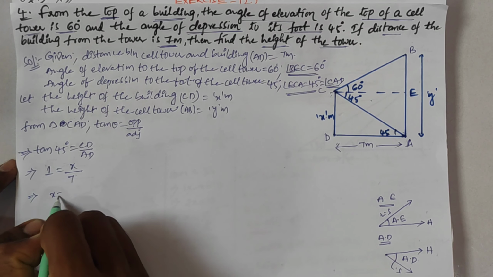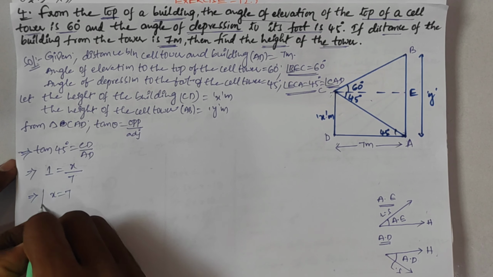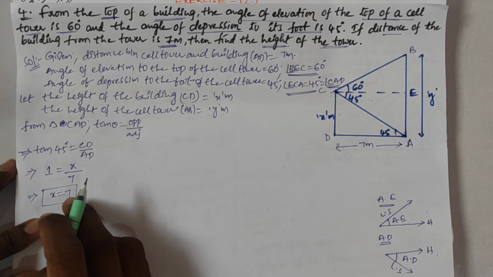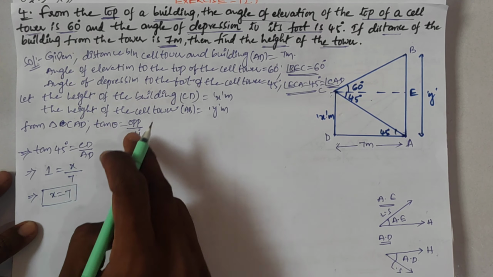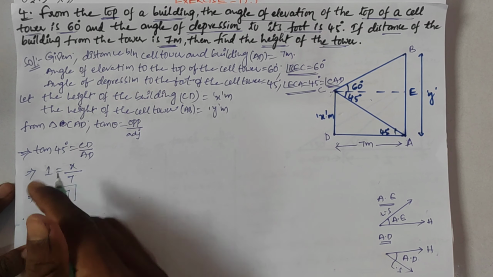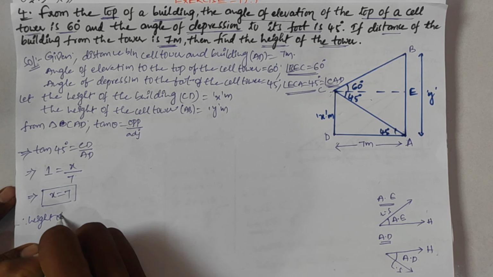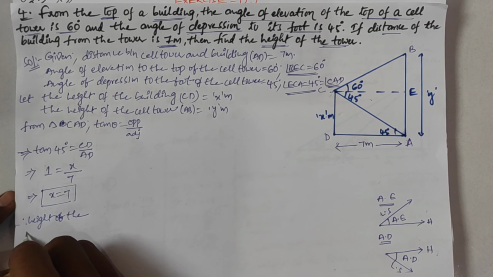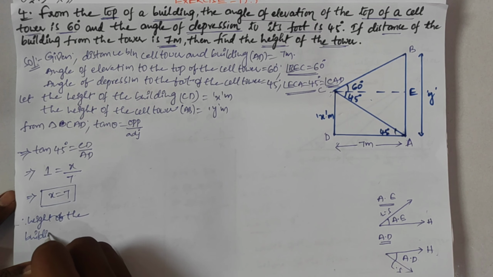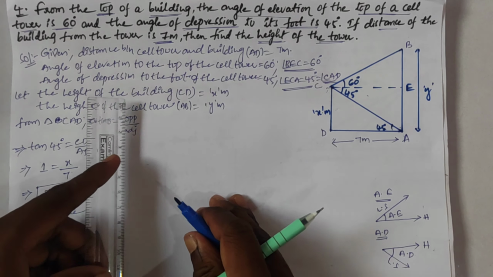This implies X is equal to, doing cross multiplication, 7 ones are 7. So X equals 7. Therefore we can conclude the height of the building is 7 meters. Completed, right?